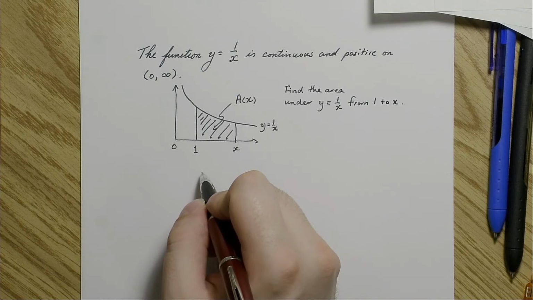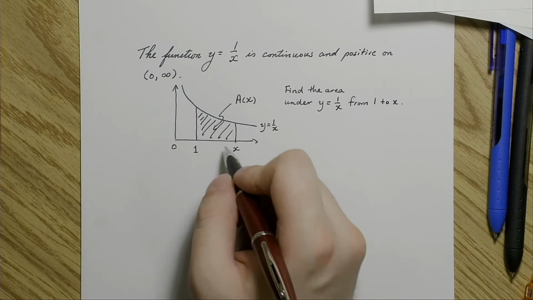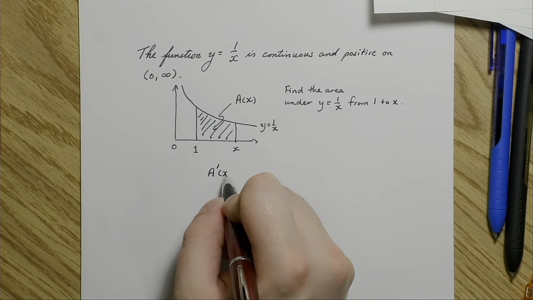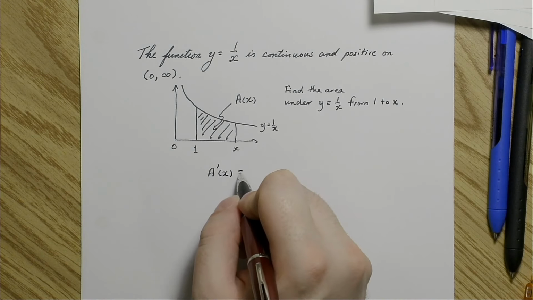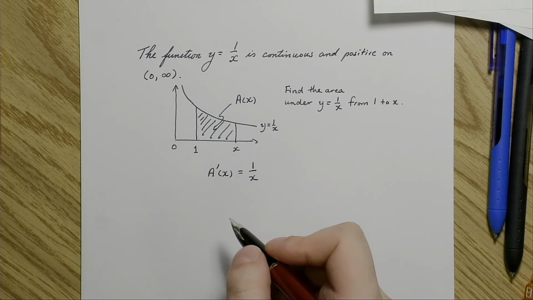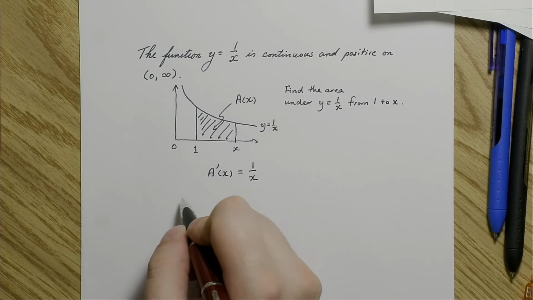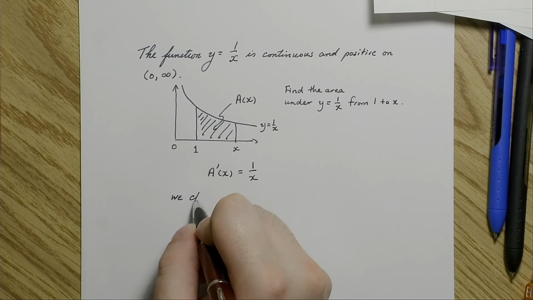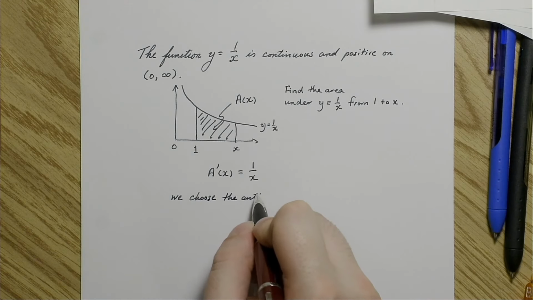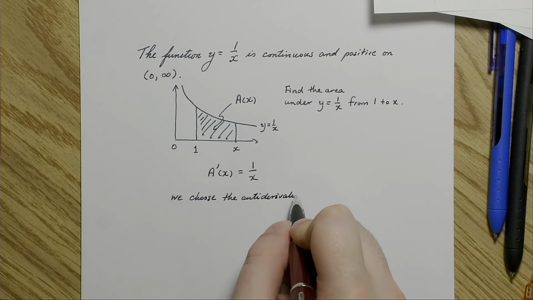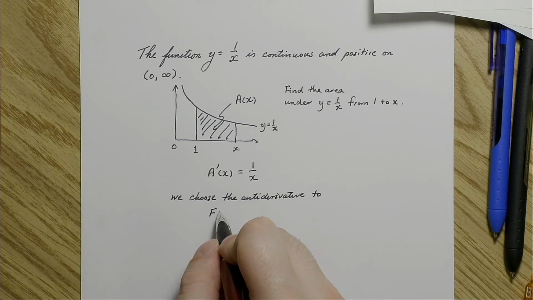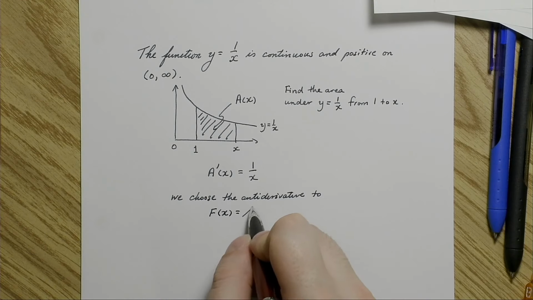Okay, so the required area is this shaded area here, and we also know from previous discussion that the derivative of that area is equal to the original curve, which is 1 over x. So there it is, and we choose the antiderivative to be capital F of x is equal to ln of x.